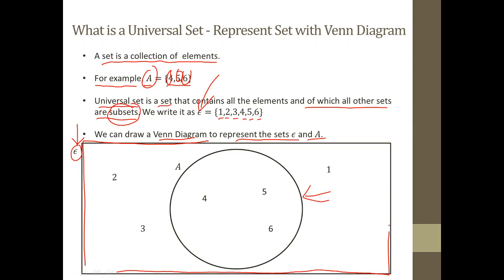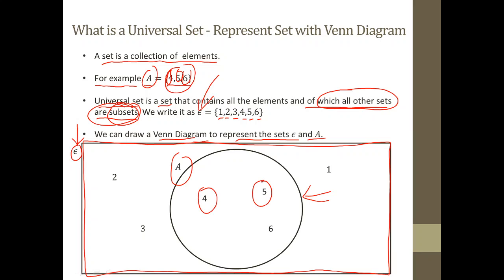That's why I say that set A is a subset of the universal set. This is what I'm trying to say: all other sets are subsets, but not to worry about this now. So you have set A that contains the elements 4, 5, and 6, and set A is inside the universal set. The circle, which is set A, is inside the rectangle, which is the universal set.